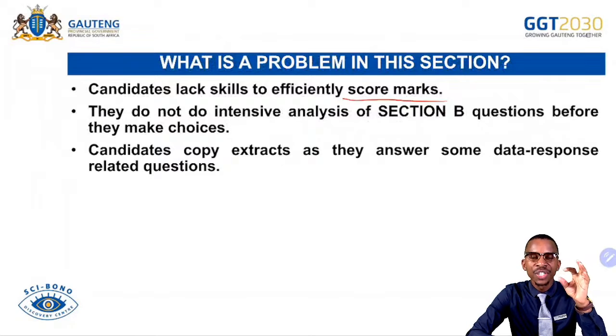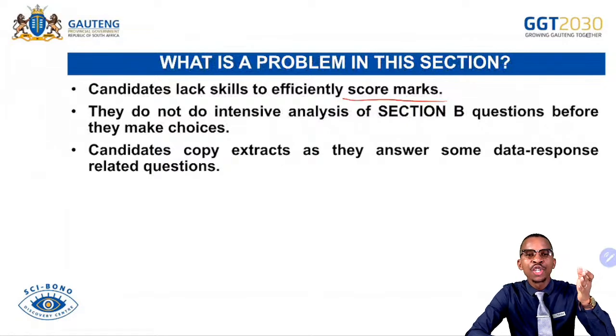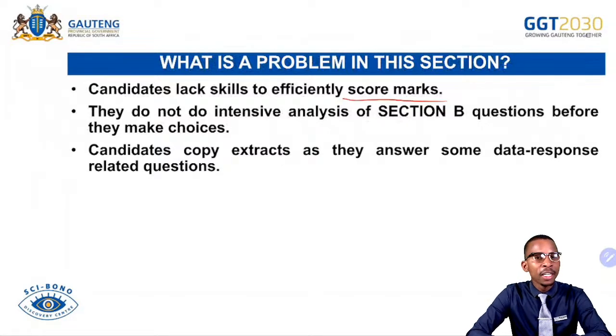Those are 1 mark questions that can be found in the extract if possible, but they can also not be found, being lower order. Avoid copying the extract, because if you copy the extract, you are getting it wrong deliberately. It is rare, and impossible by the way, for the examiner to ask you a question that will be from the data response directly. You need to synthesize the data response, and then you need to evaluate. Then you can be able to answer questions, because some of them become critical.